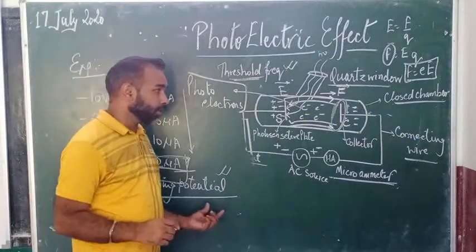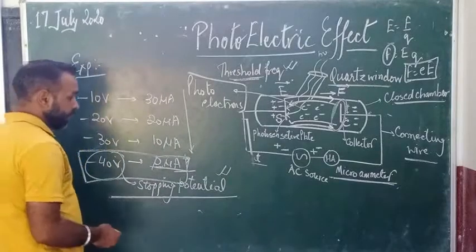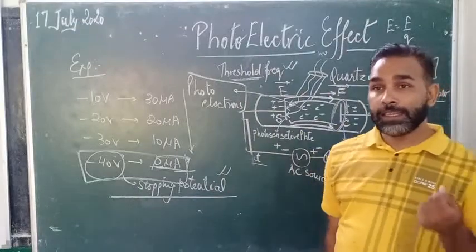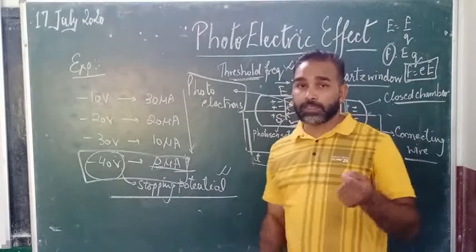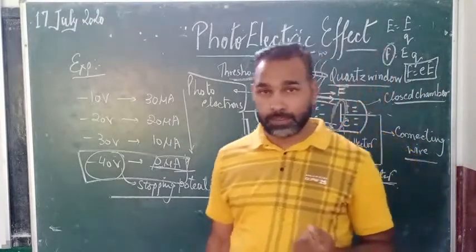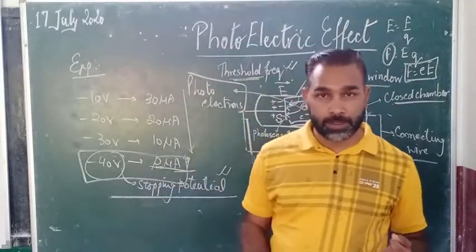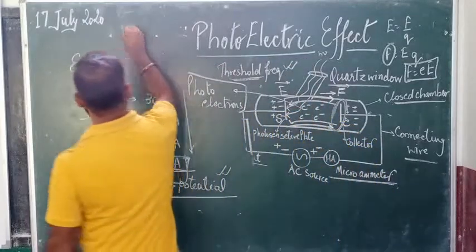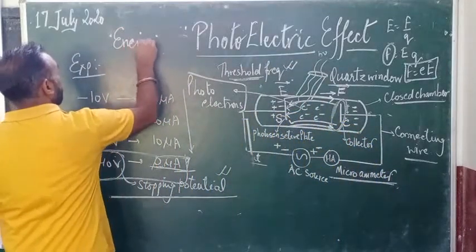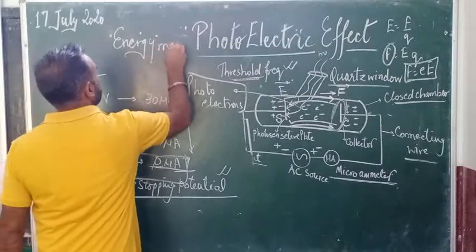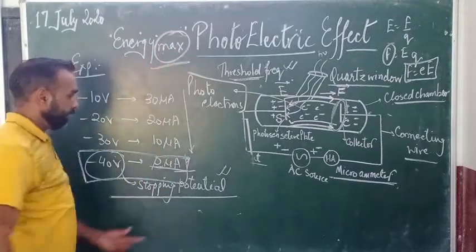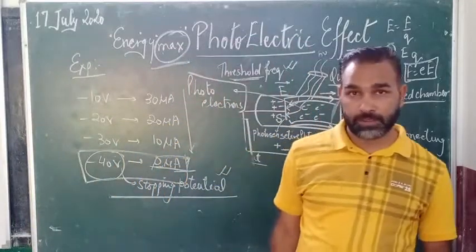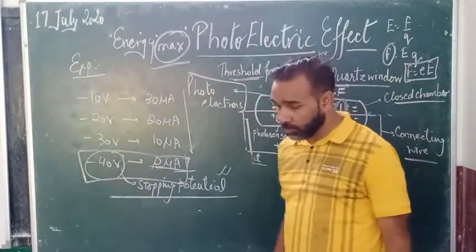So he observed that the energy of the electrons at this stopping potential is maximum. He concluded that from this particular concept, and we will also see it through graphs. He gave an expression also.